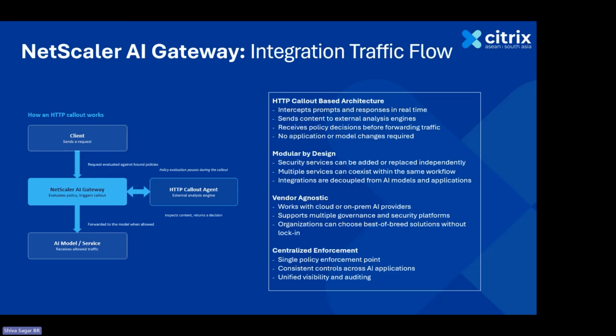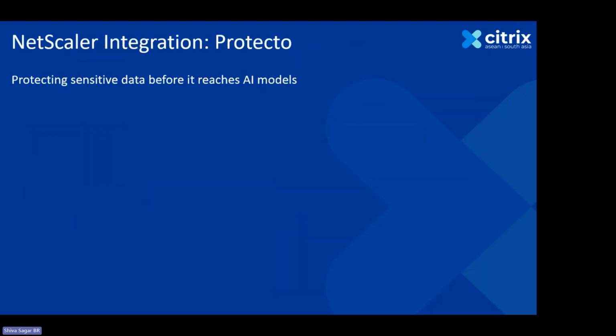They don't want to go ahead and modify each and every app. So that's where centrally you'll be able to integrate all these different third parties, right? With this, NetScaler continues to remain the enforcement point while the partners provide the specialized analysis capabilities. Okay, we'll start with the first one, which is about Protecto.